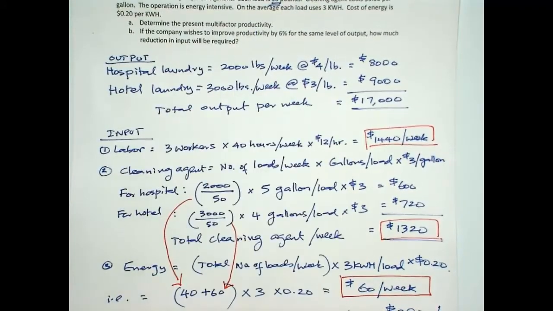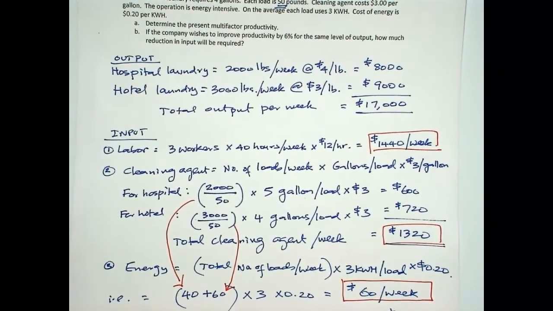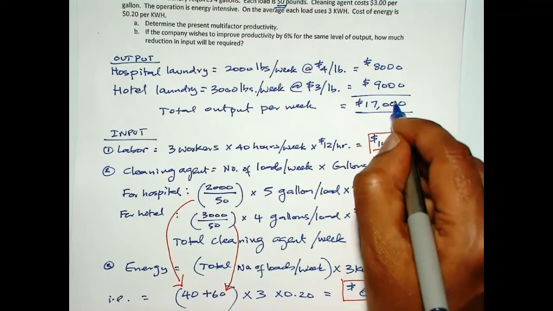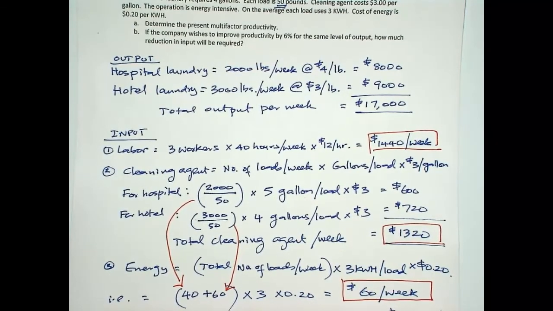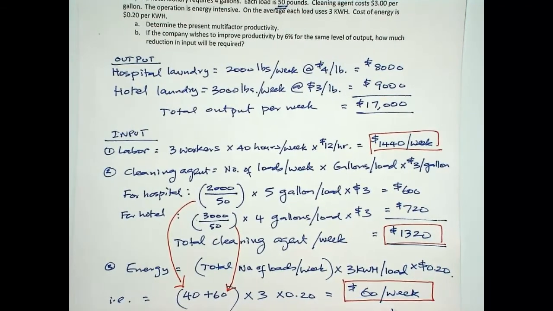Multi-factor productivity is now output, which is here 17,000, divided by input, which is 2820, that is 6.02837 per dollar of input.